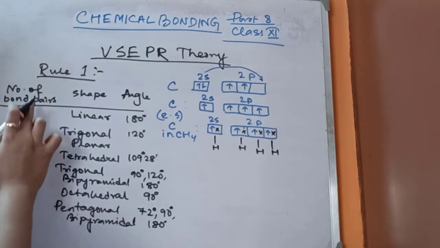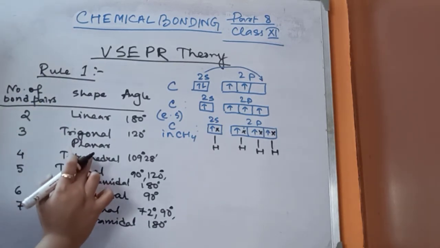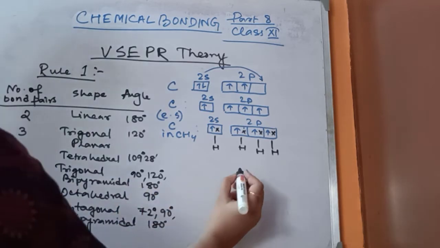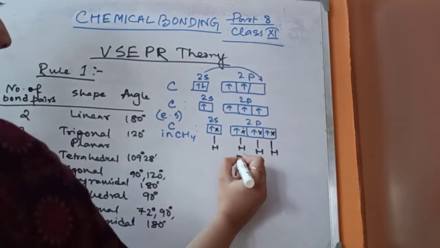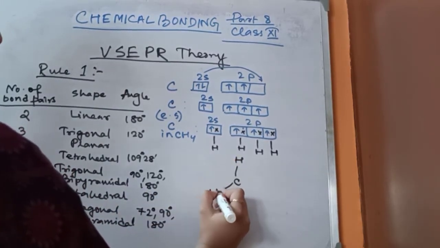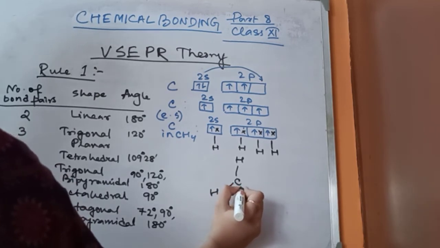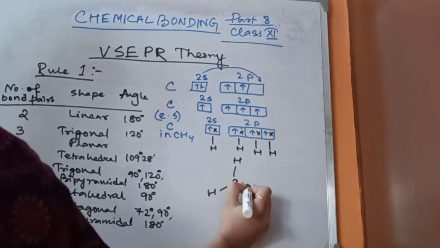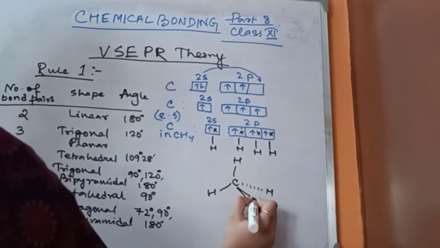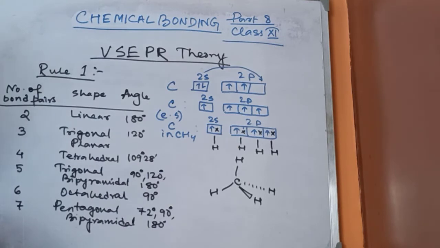See, for number of bond pairs 4, we have the shape tetrahedral. Tetrahedral is like this. So this is methane.